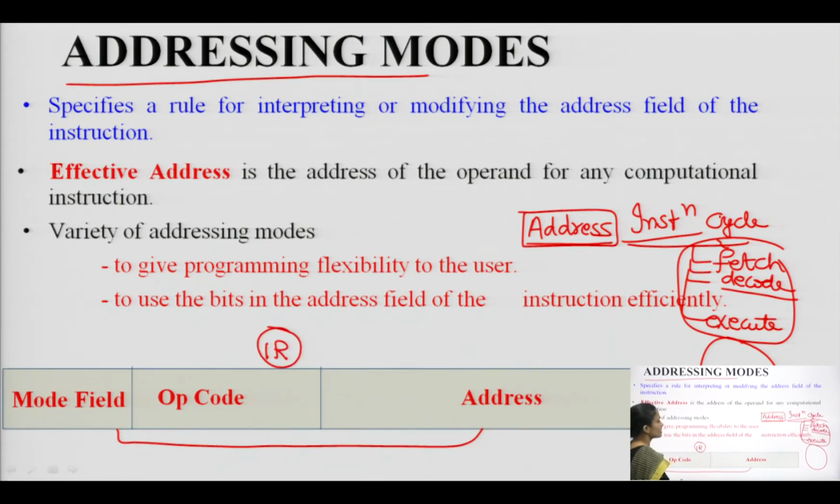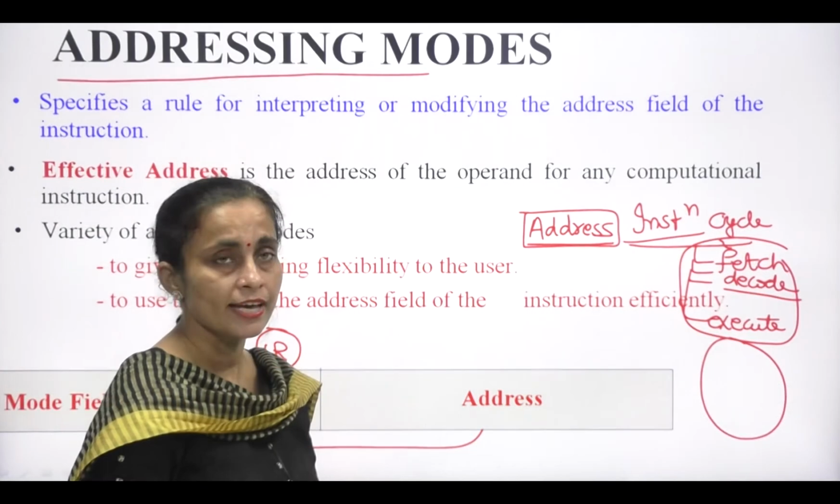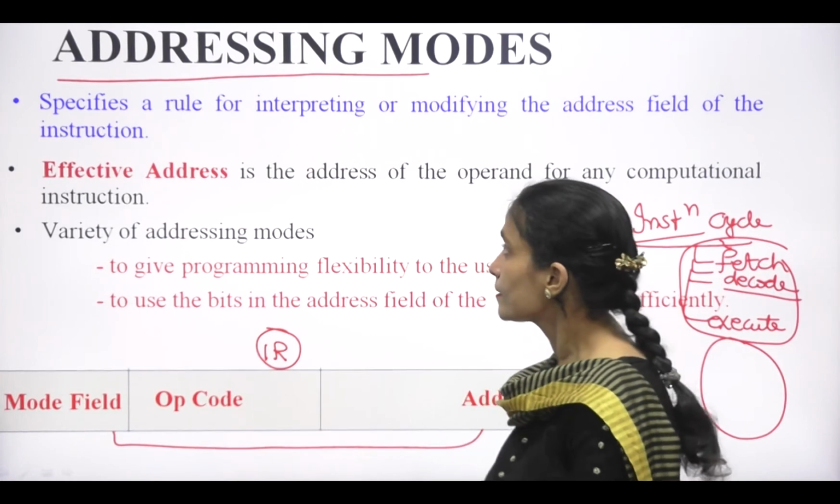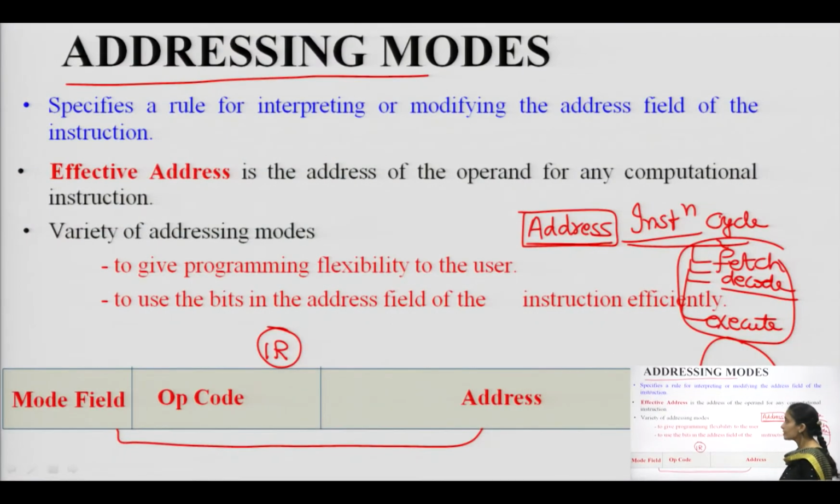This instruction register tells me at which address I need to go, and this address can be represented in various ways, and those ways are studied in addressing modes. So, addressing modes specify a rule for interpreting or modifying the address field of any instruction.